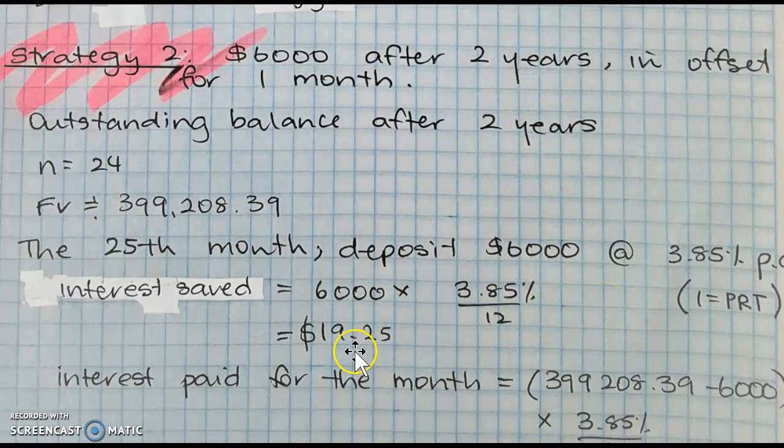What it works out to be is I'm saving $19.25 by putting that money in for 1 month. So straight away, I know I'm saving roughly $20. This is not a lot of money, but it's still money that's being saved. And if this was higher, I'd save a bit more.